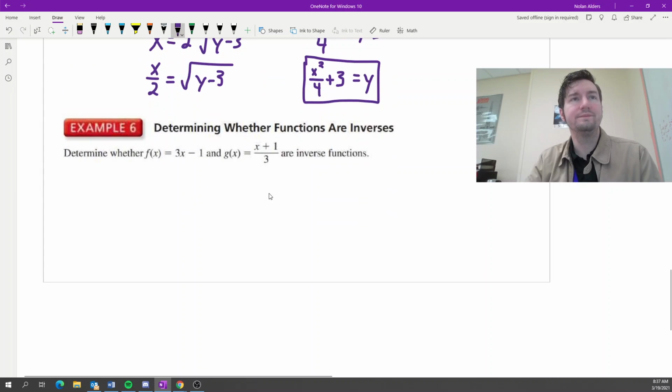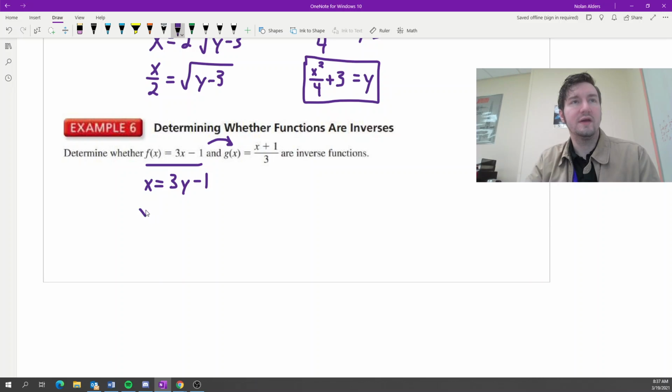All right, one more. We're going to determine whether these two functions are inverses of each other. So what we can do is just take one of the functions, find the inverse, and see if it matches that function. So let's do that. Same process, x equals 3y minus 1.